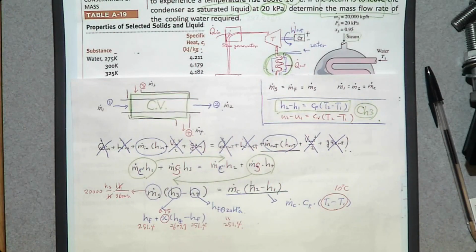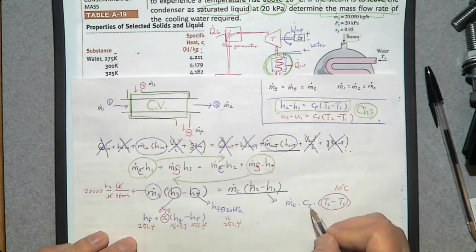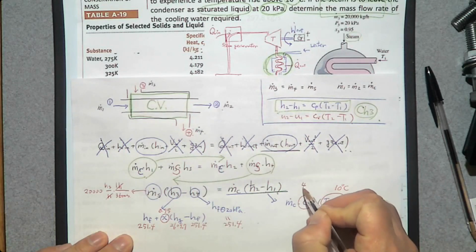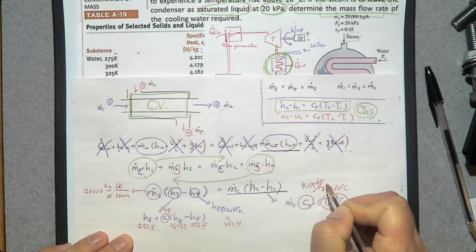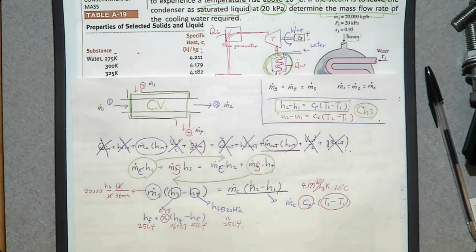Since we do not know the temperature of the river water, we only know the temperature rise, you can assume that the river water is around room temperature, so it's reasonable to select 300 Kelvin. So what is the specific heat? 4.179 kilojoule per kilogram Kelvin or degree Celsius, doesn't matter.